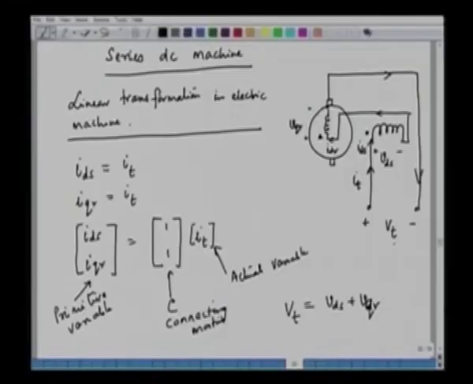So if you have the transformation matrix, that is C, you can write down the equation of a primitive machine, which is from the Kron primitive machine model, and using the linear transformation you can get back the variables in the actual machine variables. Okay. Now in this case it is a series motor and the machine variables are IT and VT. These are the actual variables, VT and IT. So we have to find out the torque and the voltage equation in terms of the actual variables.